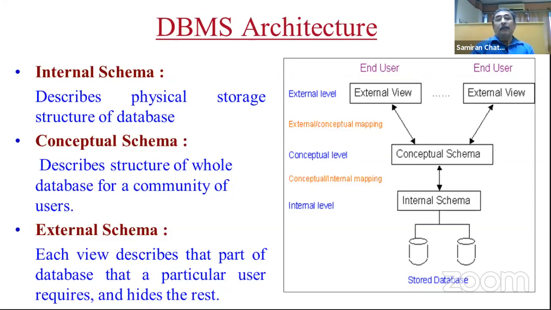We also know that the internal schema relates to the physical storage structure of the database, while the conceptual schema is the most used by programmers like us, which describes the structure of the whole database for the users, while external schema are used by users most often, and the user can see whatever they want to see, what they need to see, and the details are hidden and not shown.